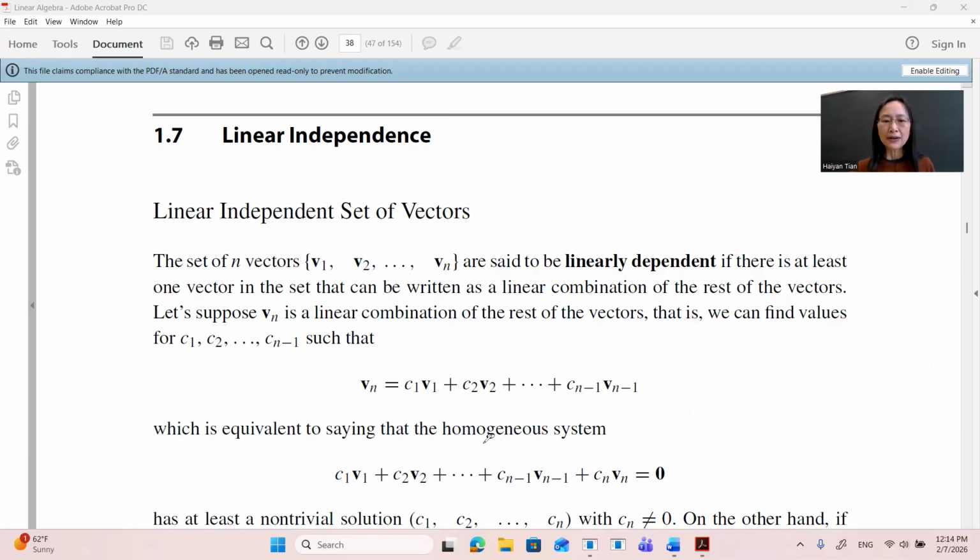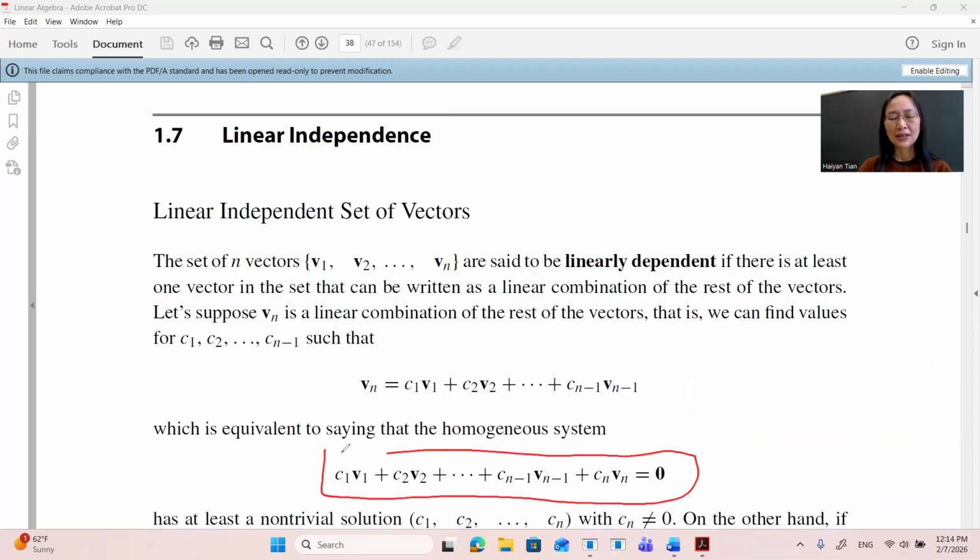Otherwise, suppose there is at least one non-trivial solution to this homogeneous system, that implies a vector is a linear combination of others.